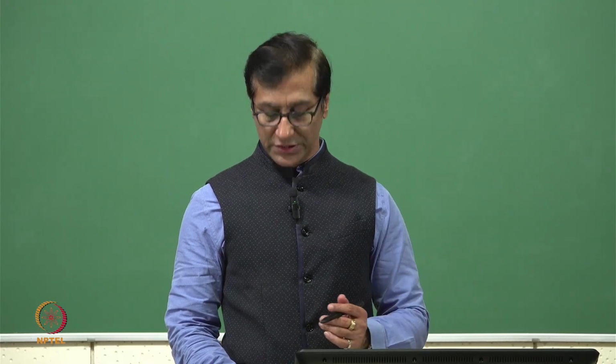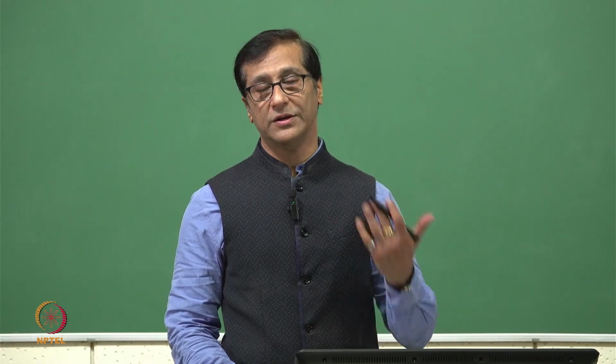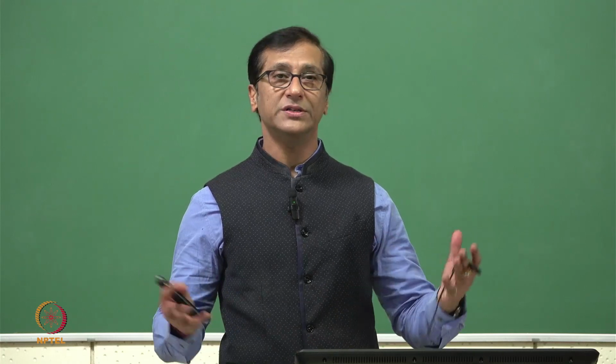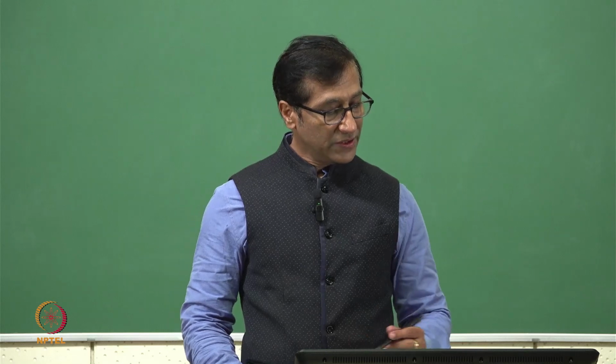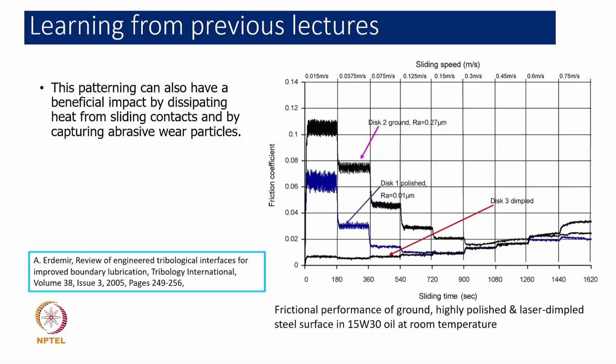This is very important to consider when we are going ahead with tribological knowledge and trying to build a predictive model. One paper I'm referring to is on engineering tribological interfaces, and how we improve the boundary lubrication properties.